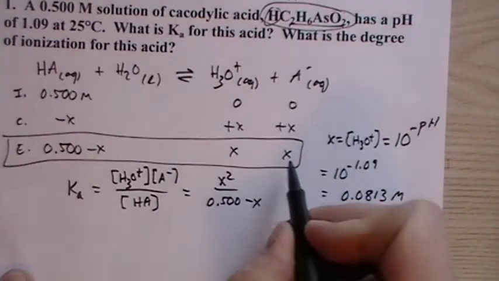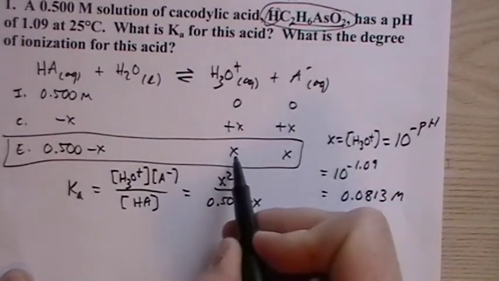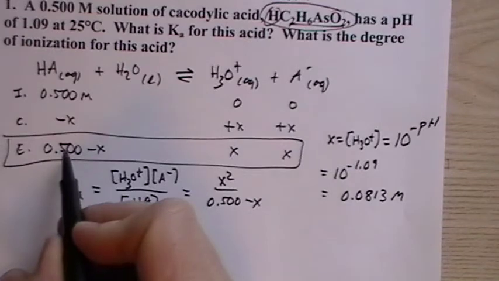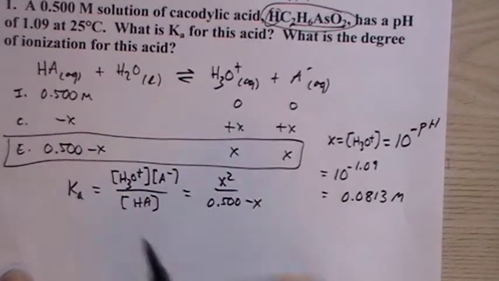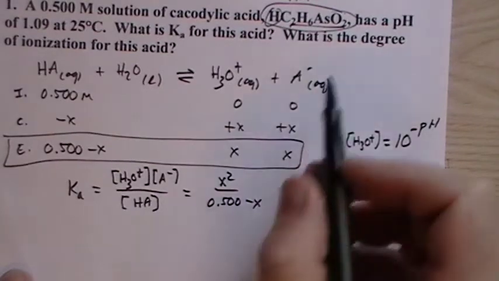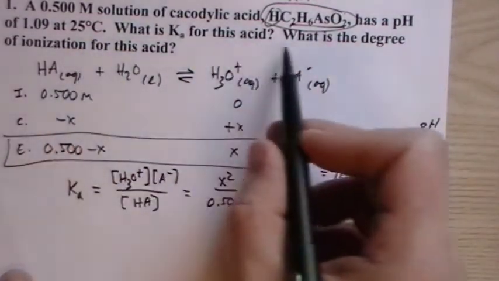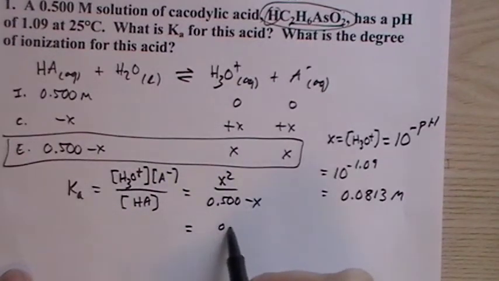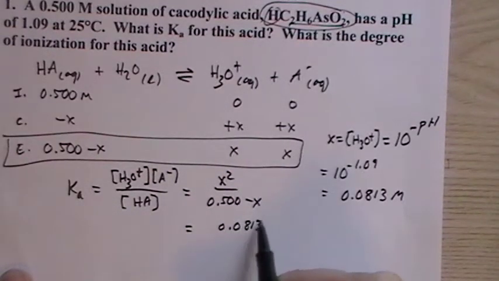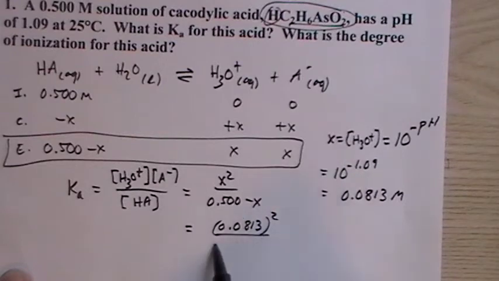So that's the concentration of A-, the concentration of H3O+, and then the concentration of HA is 0.5 minus 0.0813. Now, do they give us that? No, they don't. So we just put everything in right here, 0.0813 squared, and on the bottom we have 0.5 minus 0.0813.